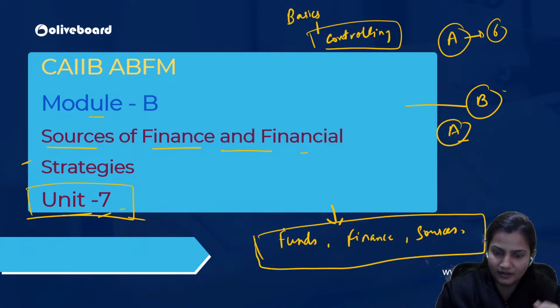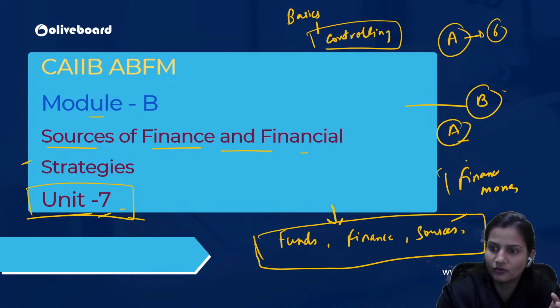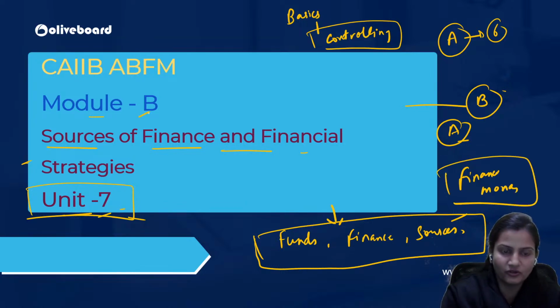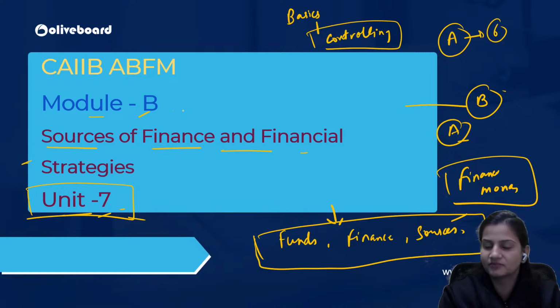All the things related to finance, related to money, you are going to study in this particular module, Module B. Various types of decisions: how you are going to take a decision for any kind of project. If you are thinking to invest in any project, how you are going to decide, and what techniques you will follow. Everything related to such things we will study in Module B.